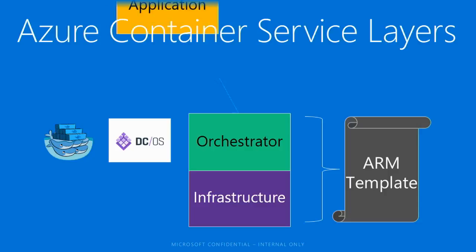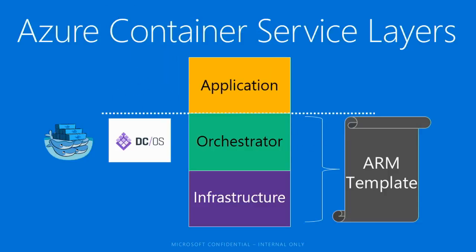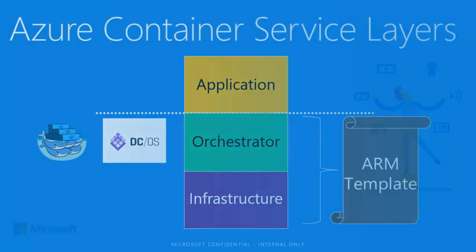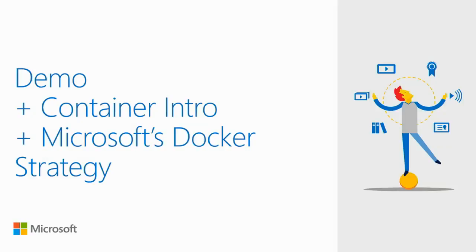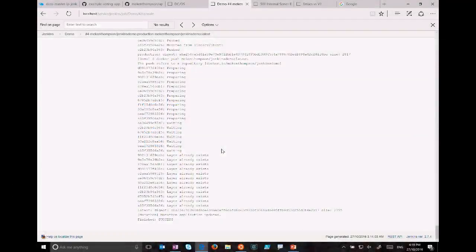Once that's deployed, you are ready to bring your existing Docker applications and run them on the cluster, or you can stand up tooling like Jenkins, which we'll have a look at, and build containers on the platform as well. So let's jump into the first part of the demo.